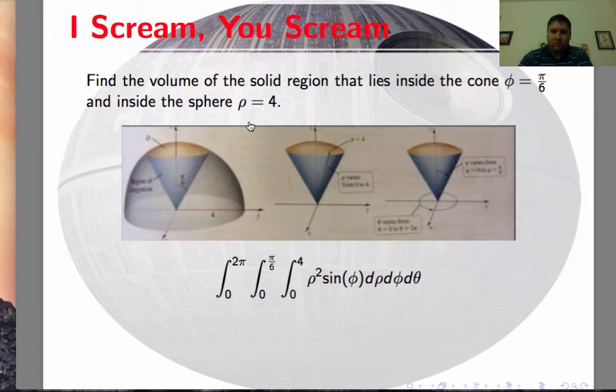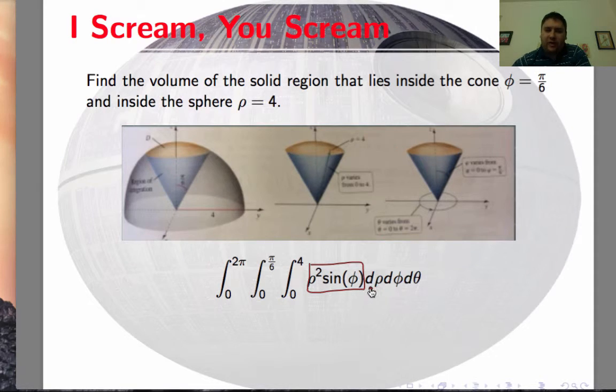The volume means that the integrand is just 1. But just remember to put the rho squared sine of phi in there. So crucial. Just like you never forget to put the r in cylindrical and polar coordinates, you never forget to put rho squared sine of phi in here.